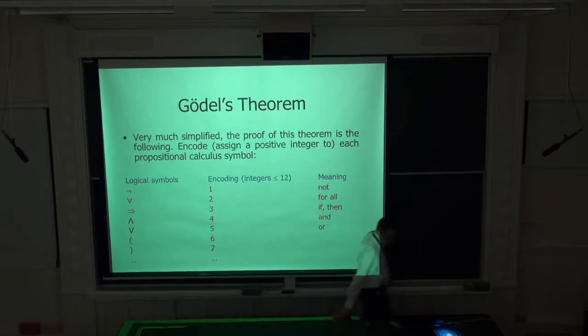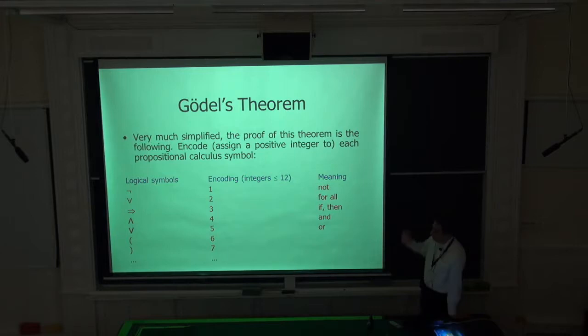So assign each symbol, the first 12 useful symbols, encode them as integers that are smaller than 12. And here you see the English meaning of each of these symbols. So this is the first part.